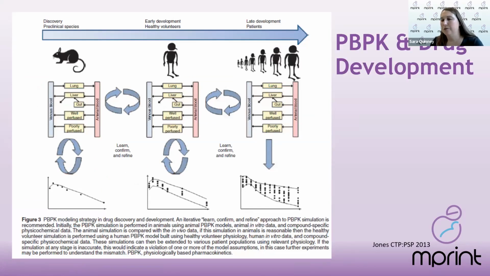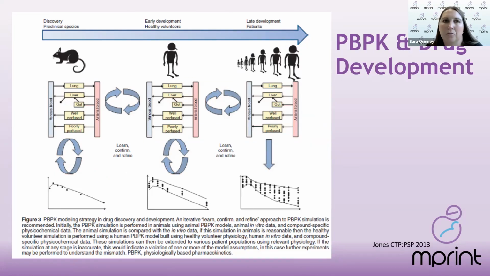PBPK is commonly used in drug development across all spectrums, from preclinical through late development and into stage 4. In the preclinical realm, we often use PBPK and estimates from in silico predictions of clearance and volume to determine drug disposition in preclinical species.